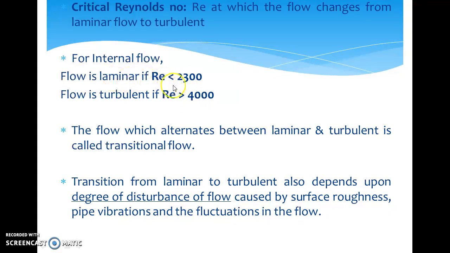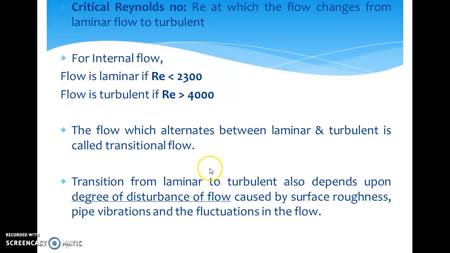And if the Reynolds number is greater than 2300 and less than 4000, the flow is called transitional flow. Transitional flow is the flow which alternates between laminar and turbulent. So transition from laminar to turbulent also depends upon the degree of disturbance of flow.